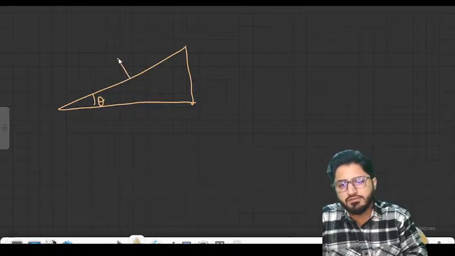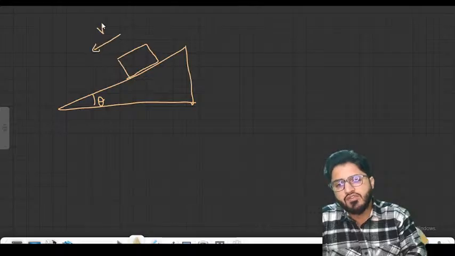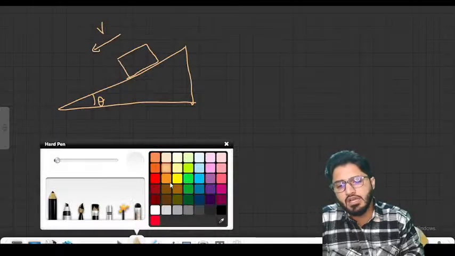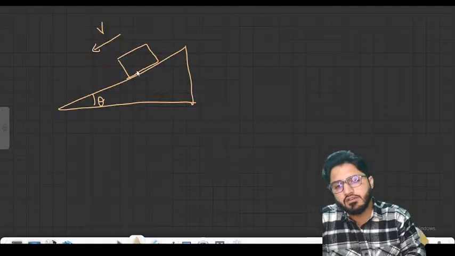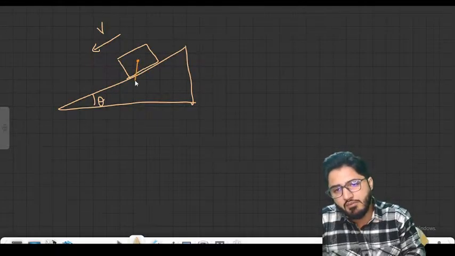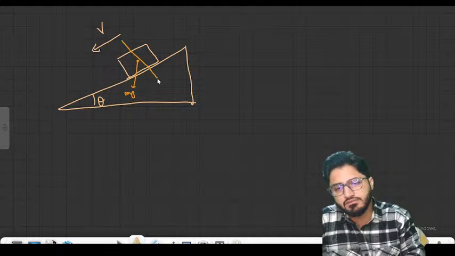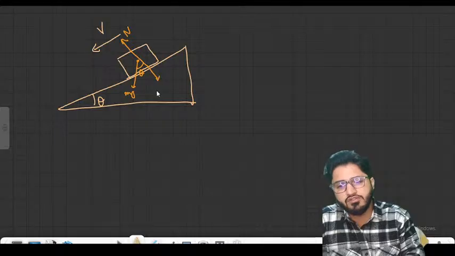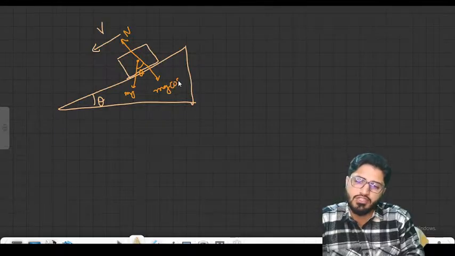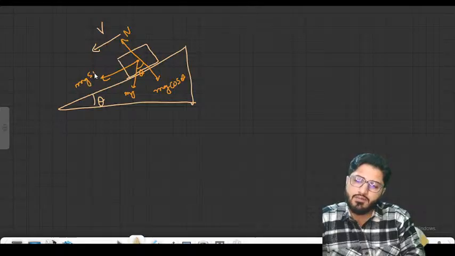Here is a box. The box is getting down with some velocity v. How many forces are acting on it? Now look, mg is acting downwards. This is my normal reaction force. So this will be mg cos theta, and this will be mg sin theta.